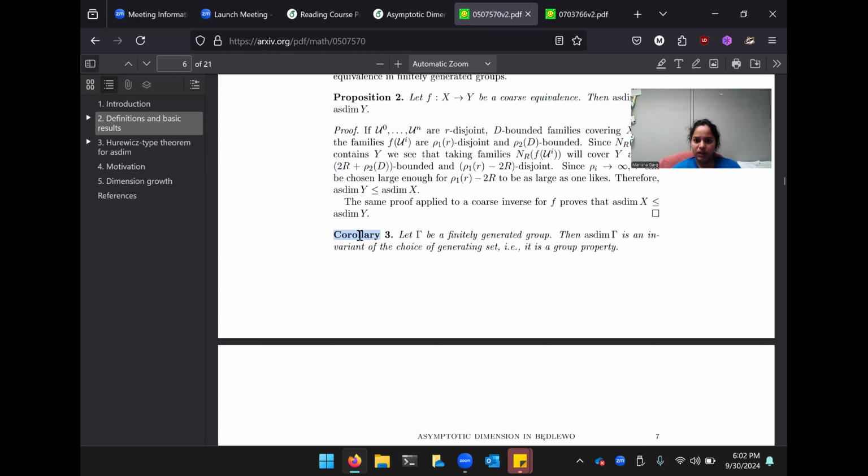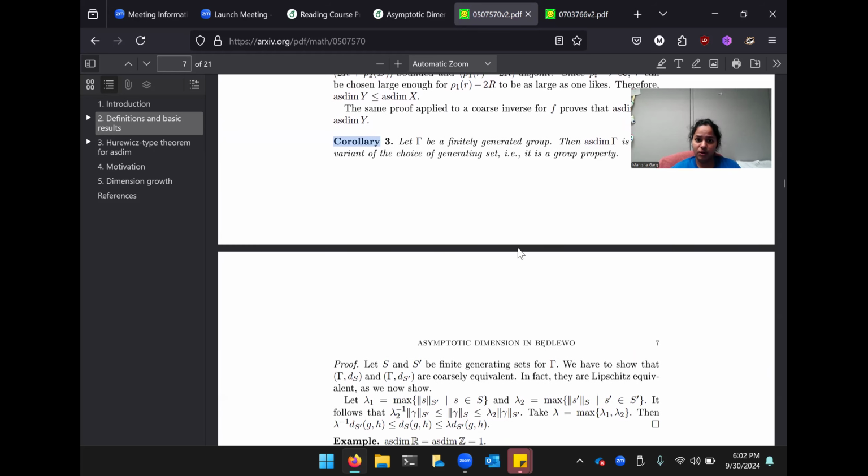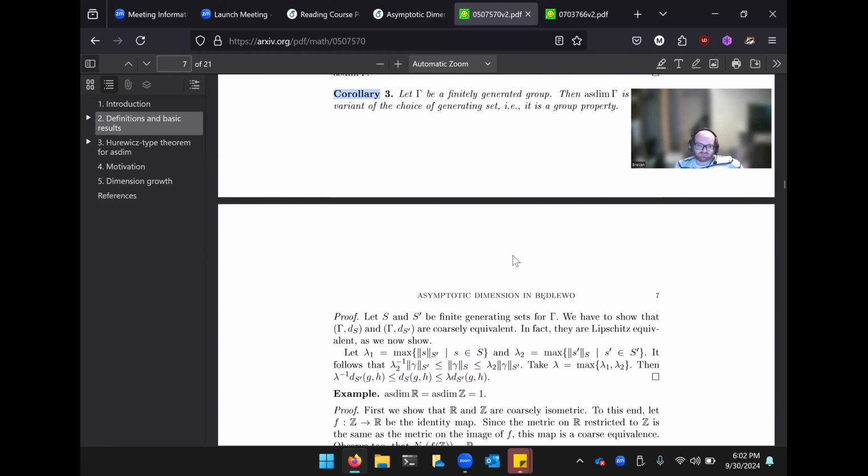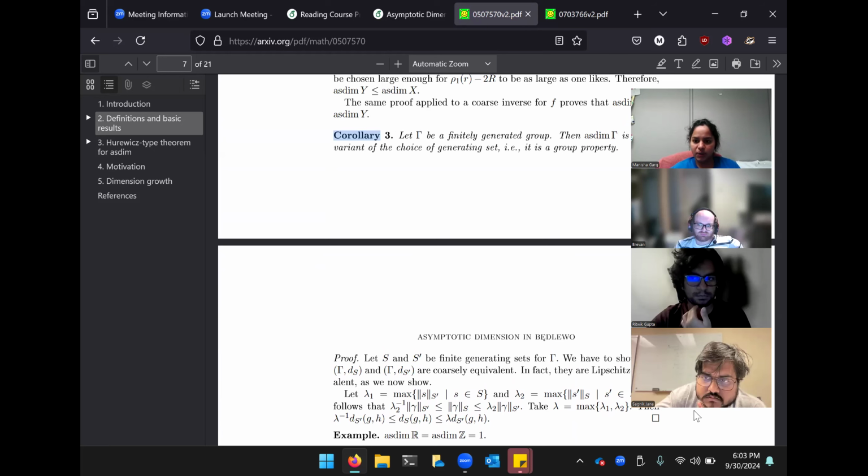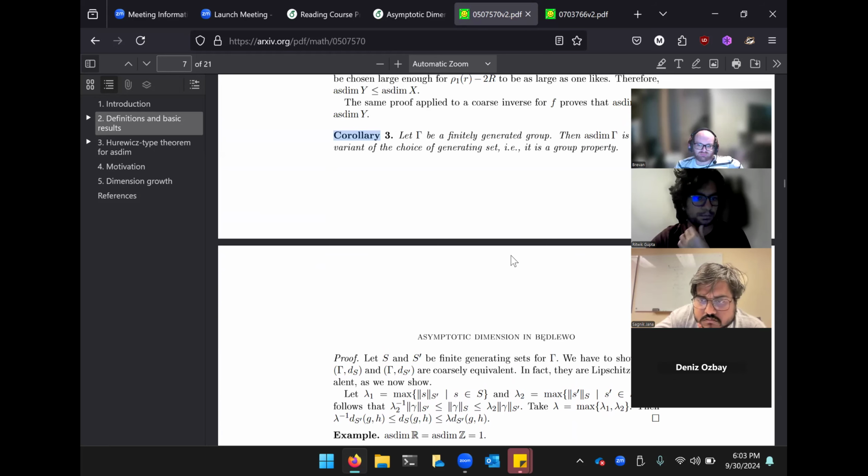There is a corollary about groups, which is coming from the geometric group theory point of view. I just want to take a quick survey if people are okay with it. How many of us are not familiar with finitely generated groups and how to see a group as a Cayley graph?